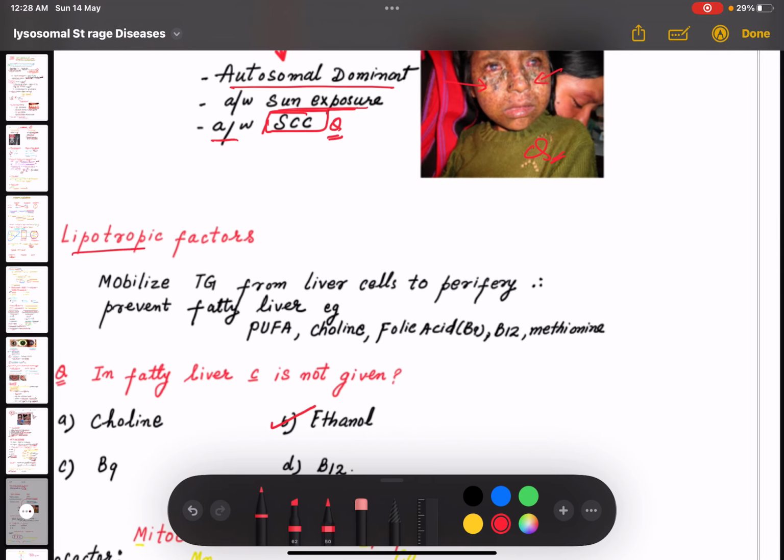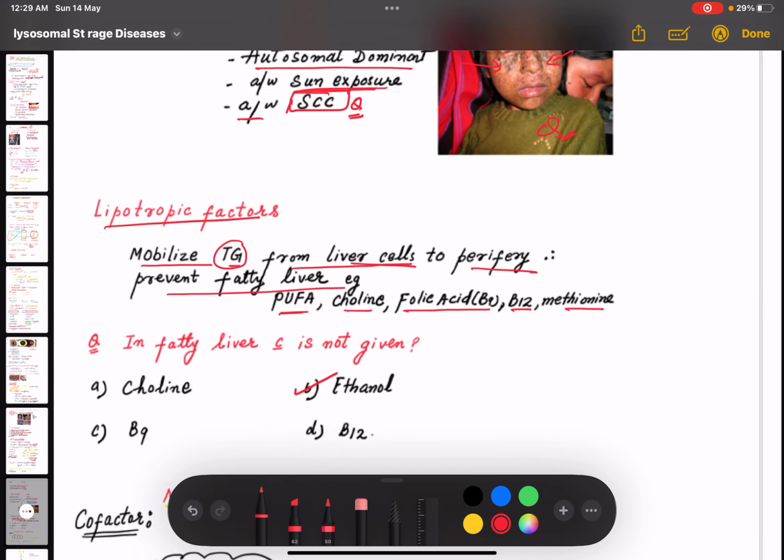What are the lipotropic factors? Lipotropic factors mobilize triglycerides from liver cells to the periphery, therefore they prevent fatty liver. Examples are polyunsaturated fatty acids, choline, folic acid, that's B9, B12, and methionine.